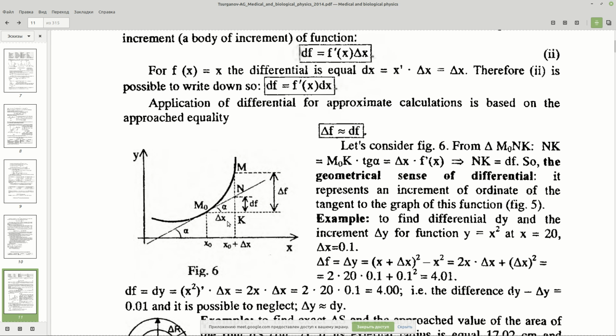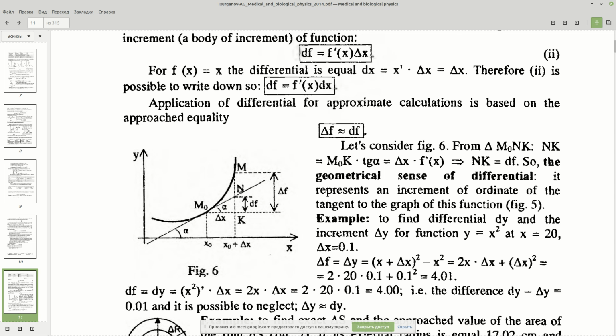So the geometrical sense of the differential is that it represents the increment of the ordinate of the tangent to the graph of this function, on figures 5 and 6.